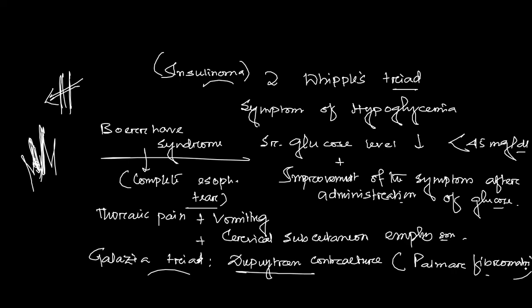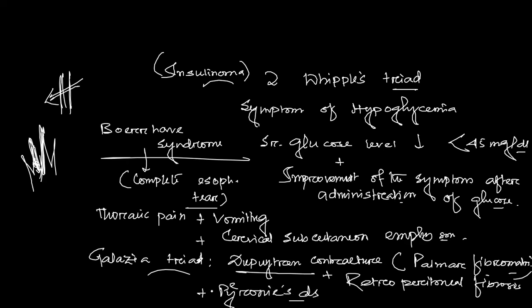Palmar fibromatosis. Okay, and so in Galegia triad you will get Dupuytren contracture, plus you will get retroperitoneal fibrosis, and third one is you will get Peyronie's disease, whatever you spell.